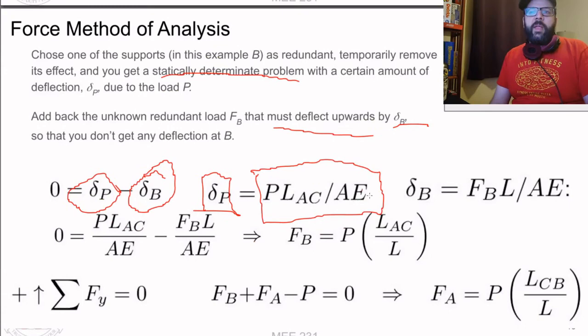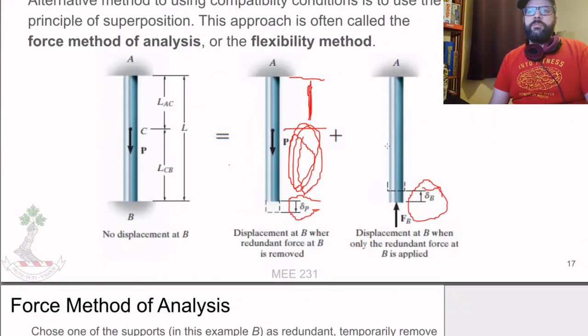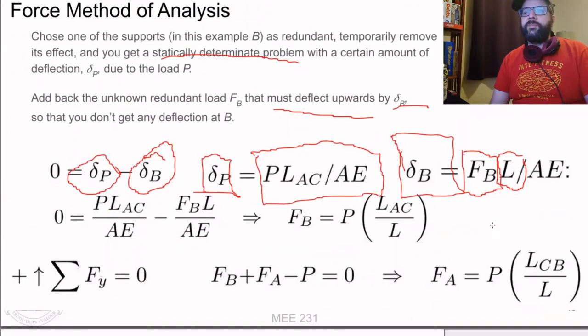And then of course AE, and then our dB here, our displacement due to the reaction at B, is just going to be based upon the magnitude of that force times the overall length, because in this scenario FB is at the bottom, and so it's causing displacement over this entire length.